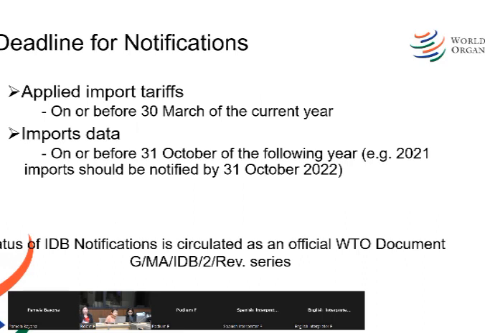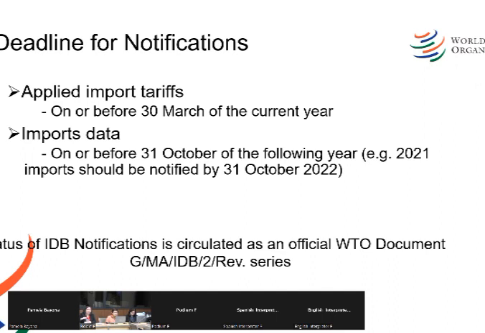We need your notifications on applied tariffs on or before 30 March of the current year. So by this time, you should have already notified your applied tariffs to the IDB. On imports, the deadline is before the 31st of October of the following year.